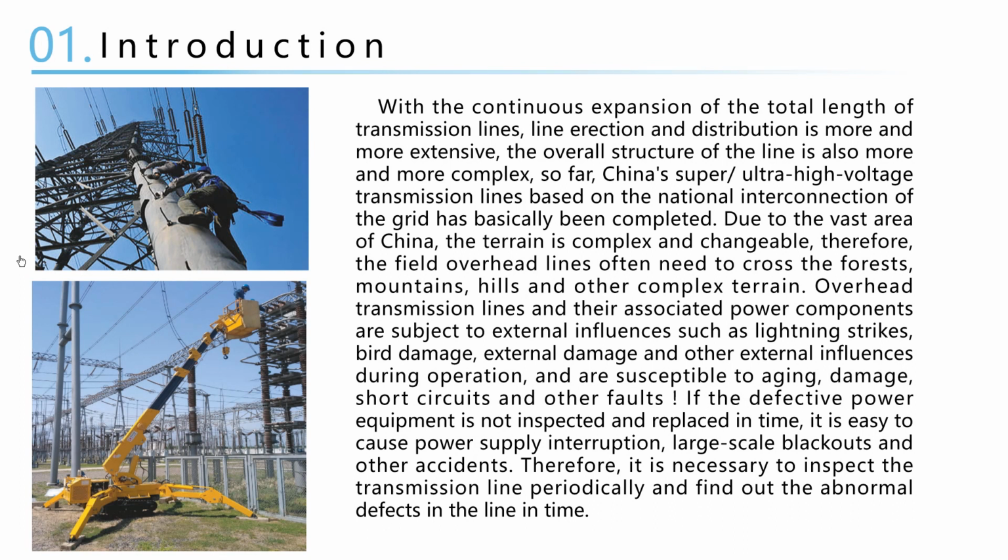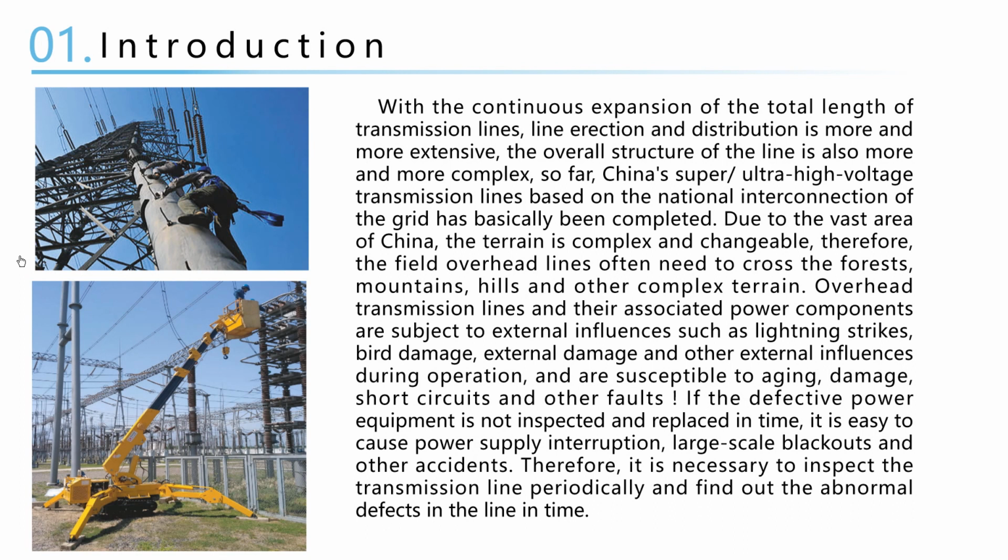Overhead transmission lines and their associated power components are subject to external influences such as lightning strikes, bird damage, external damage, and other external influences during operation, and are so susceptible to aging, damage, short circuits, and other faults.